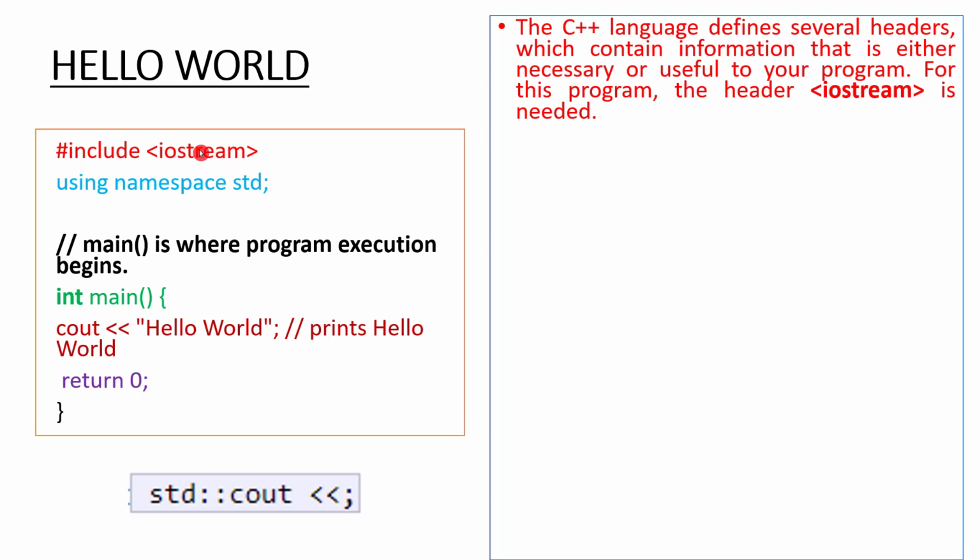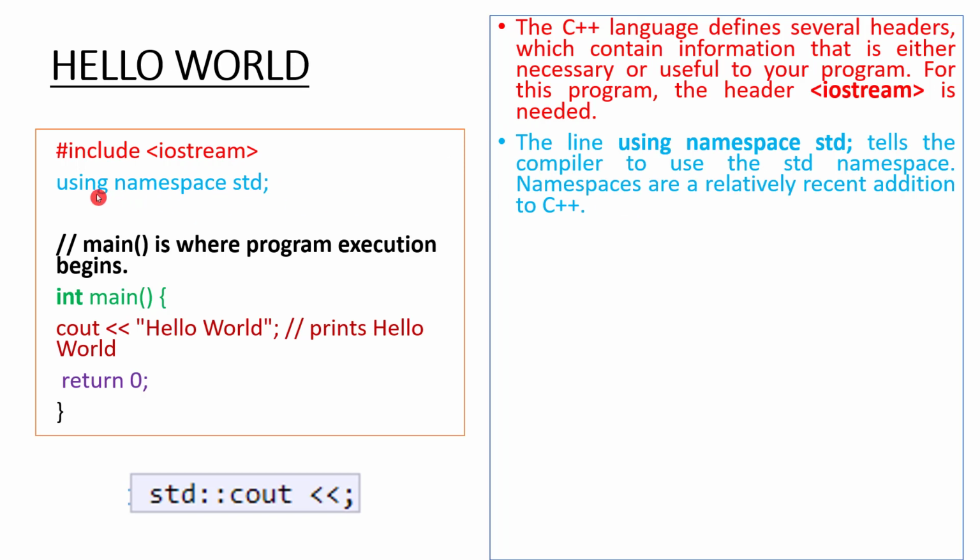It is the library which has the words identified by C++. The C++ language defines several headers which contain information that is either necessary or useful to your program. For this program, the header input output stream is needed. So this is a header.